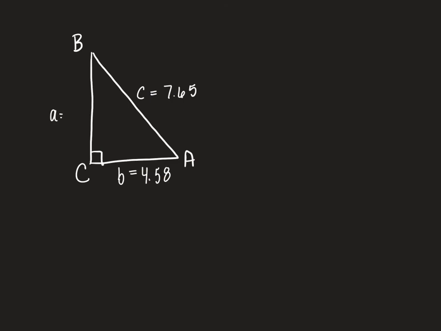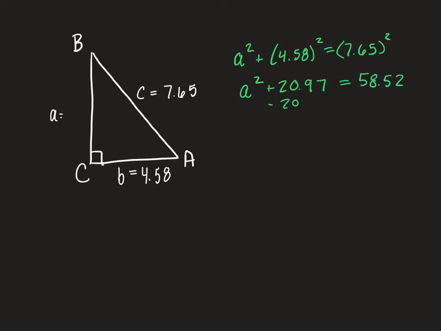All right, so let's work through one more example where you're given two sides instead of two angles. The first thing you can do is find your other side using the Pythagorean theorem. So A squared plus B squared equals C squared. So A squared plus 20.97 equals 58.52.